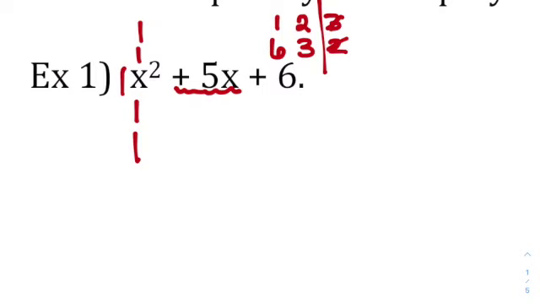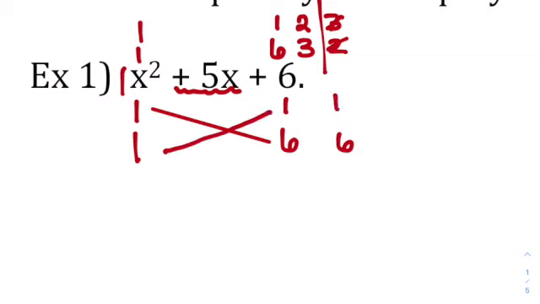Let's start with 1 and 6. Crisscross: 1 times 6 is 6, and 1 times 1 is 1. When you add them, do you get the 5 in the middle? No, you get 7. So that's wrong.